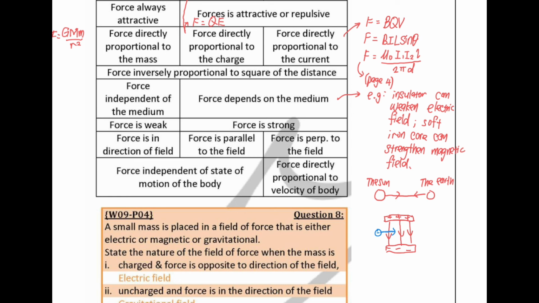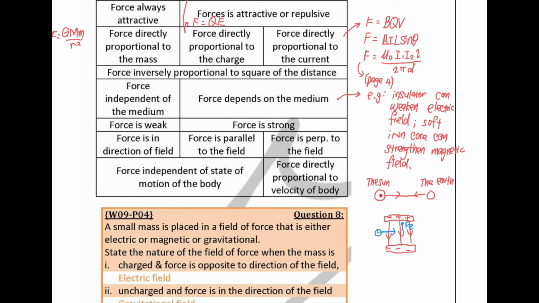So this is a negative charge, so the electric force is hence acting upwards. We call this parallel to the field. Which two are parallel? The electric force and the electric field are parallel. Sometimes they are the same direction, sometimes they are opposite direction. So that's why we just call it parallel.